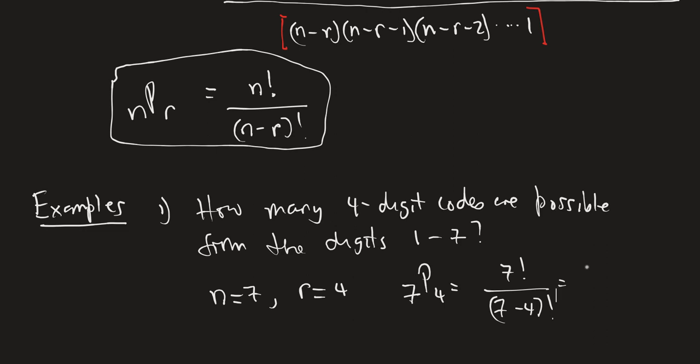A lot of calculators do have the factorial function built in. You might find it under something like probability. Some calculators have that, but your 7 factorial is 5040. And then at the bottom here, this is 3 factorial.